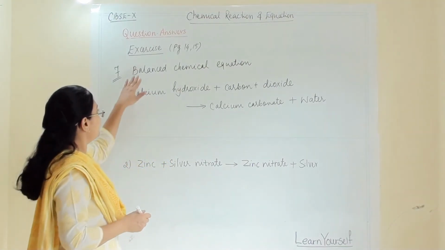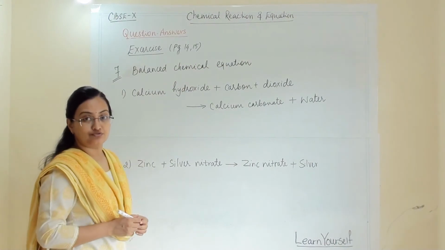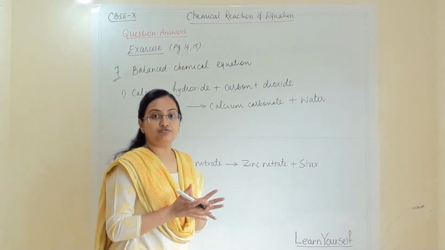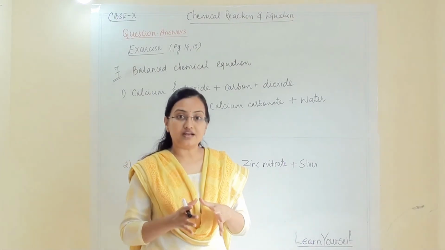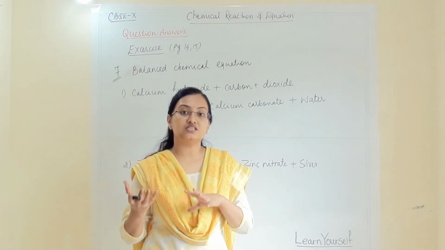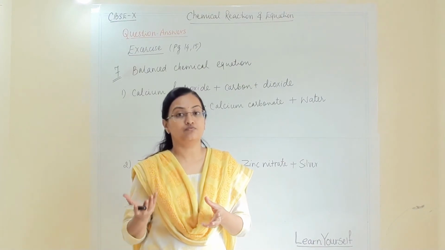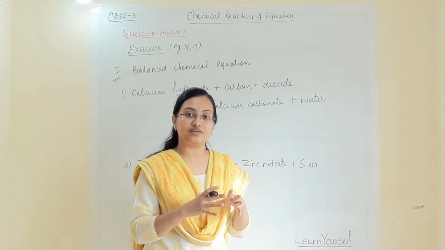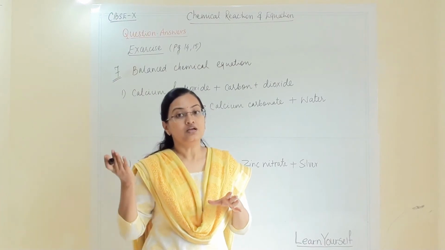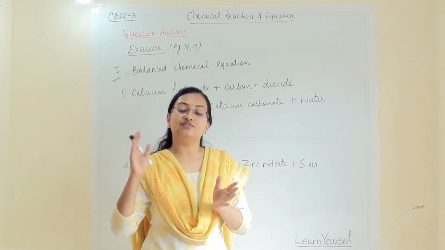In that balanced chemical equation we have to write. So in this type of questions, whether it can be a sentence or a word equation, or they have just suggested what all are the reactants or what all are the products, you need to figure out what all reactants will react with each other and will give us product.